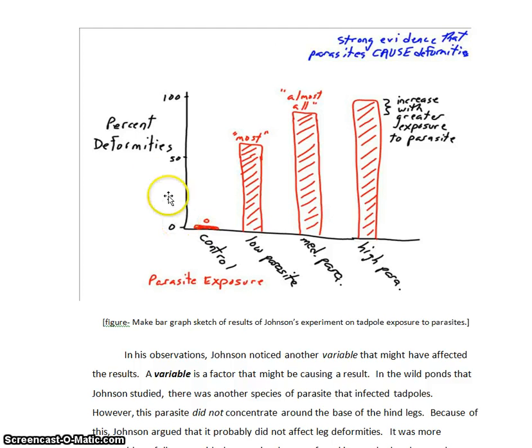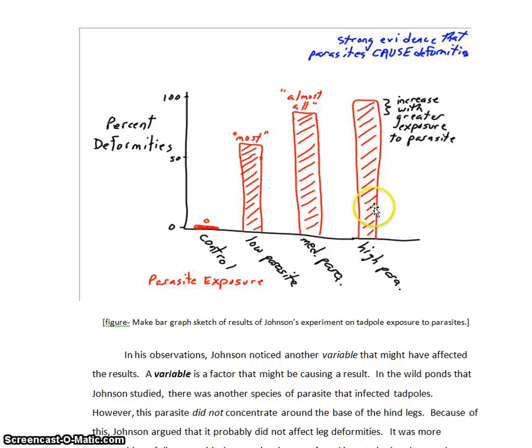The y-axis is percent deformities from 0, 50 to 100, and the height of the data bars here shows us what happened in the experiment. Frogs that received a low dose of parasites, over 50% of them showed deformities. And furthermore, as the parasite load increased, the percentage of deformities also increased.